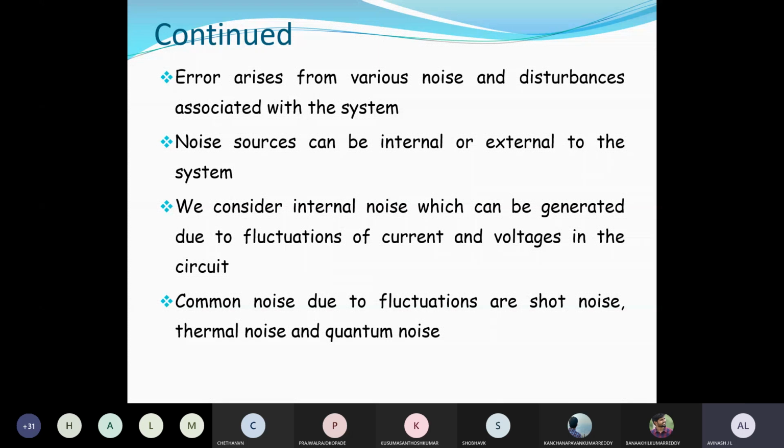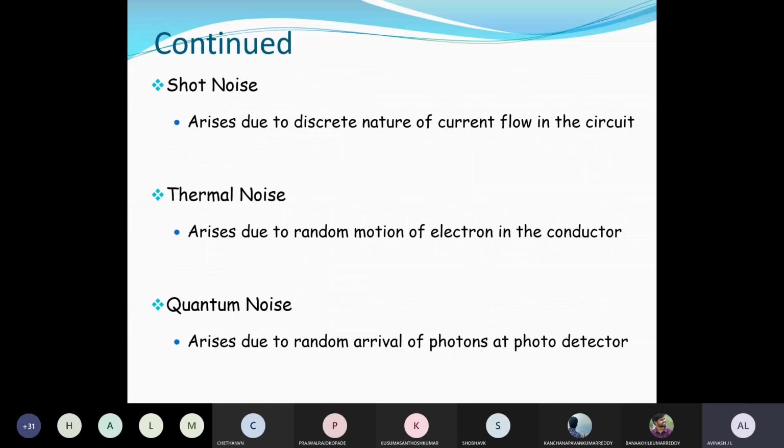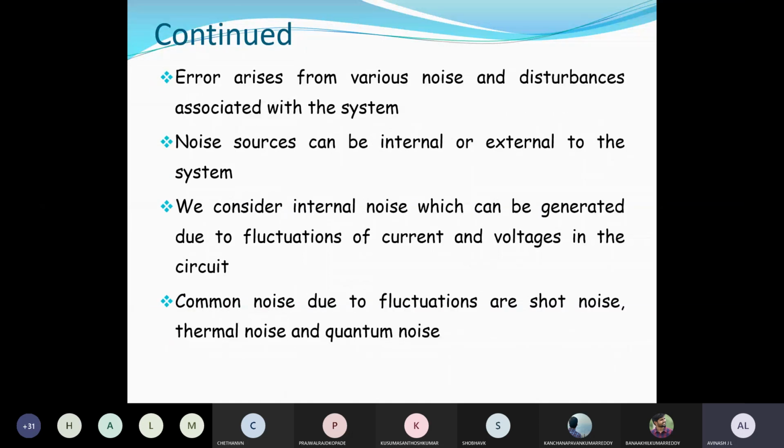We are talking about internal noise. We consider that this internal noise can be generated due to the fluctuation of current and voltages in the circuit. A common noise due to the fluctuations are shot noise, thermal noise, and quantum noise. You can make a note of these three noises.